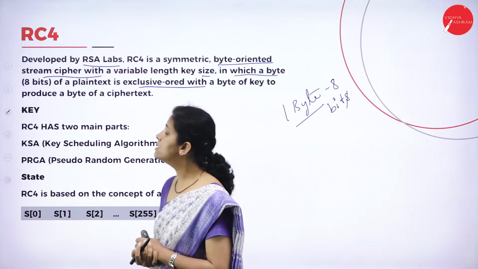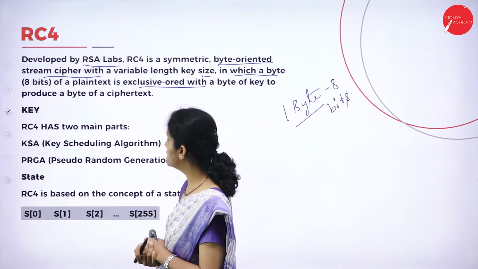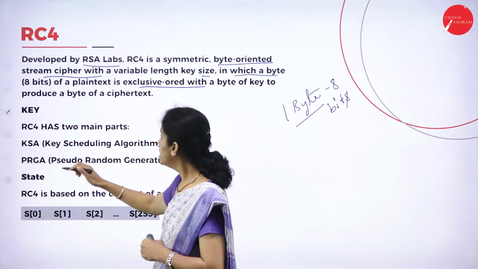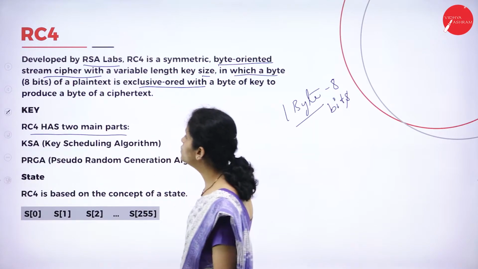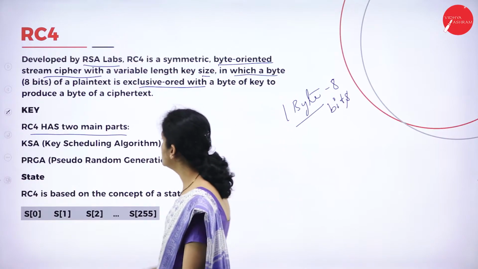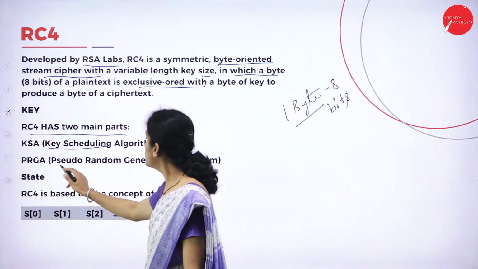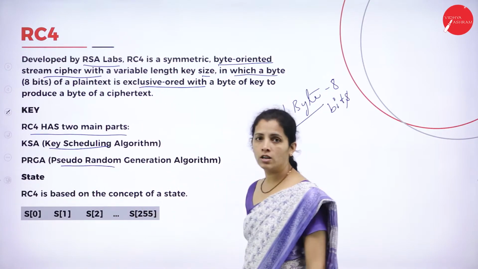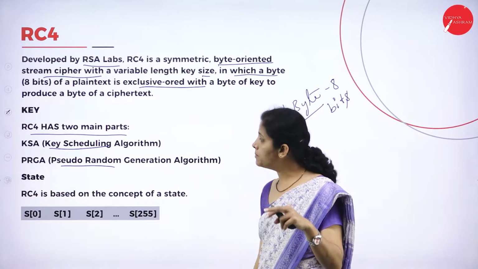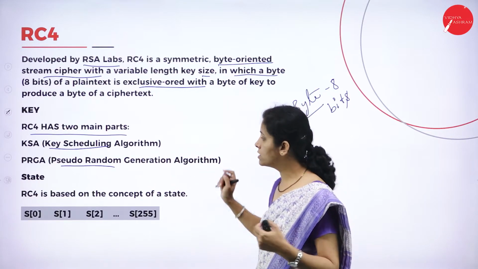And RC4 is mainly divided into 2 parts. One is KSA, the key scheduling algorithm, and the other is the pseudo random generation algorithm.